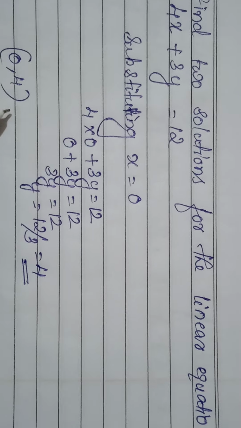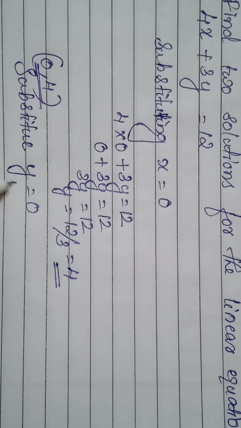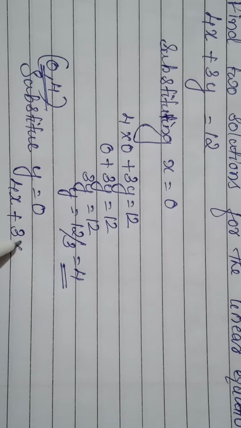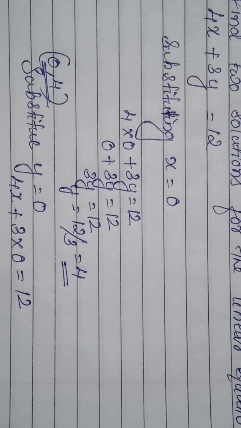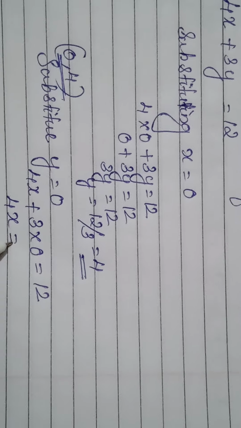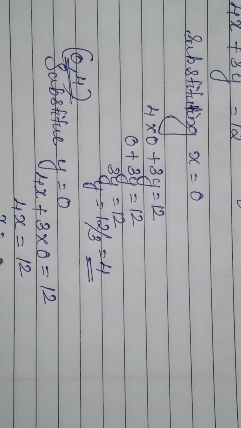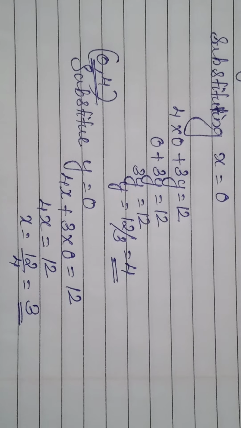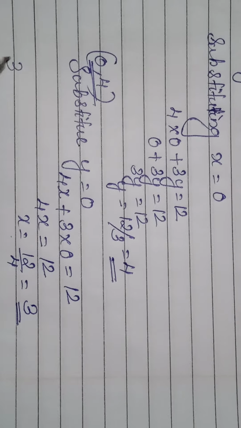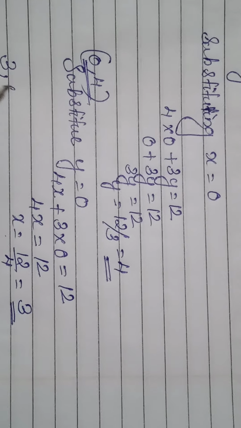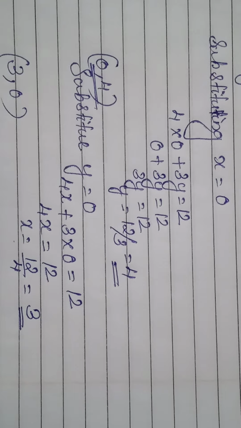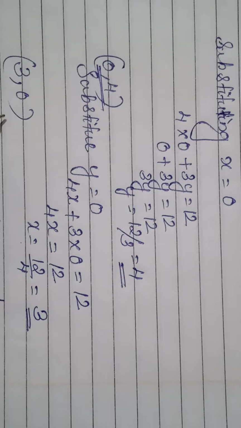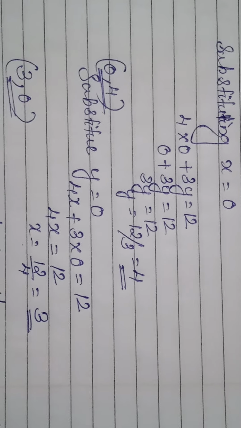Then we will substitute y is equal to 0, then 4x plus 3 into 0 equals 12, then 4x equals 12, then x is equal to 12 by 4, which is 3. So we got x as 3 over here, and x should be written first, so (3, 0). This is the other solution. Understood? So we got (0, 4) and (3, 0) as the required two solutions.